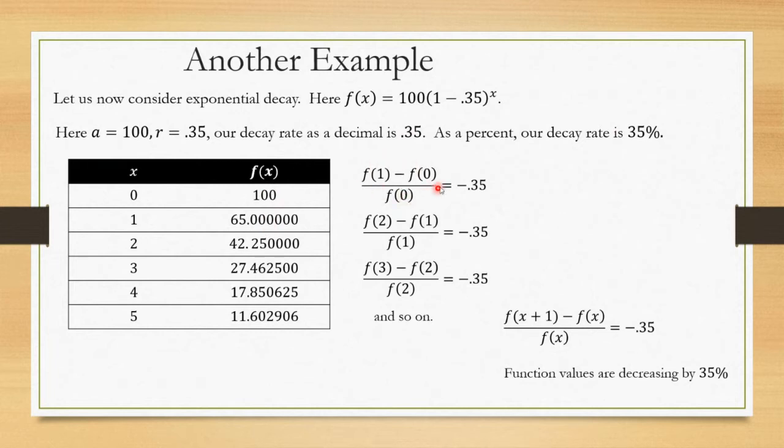If you calculate the relative change, when x is 0, you have the starting value. When x is 1, you have the ending value. We get negative 0.35, which really means the function value is decreasing by 35%.